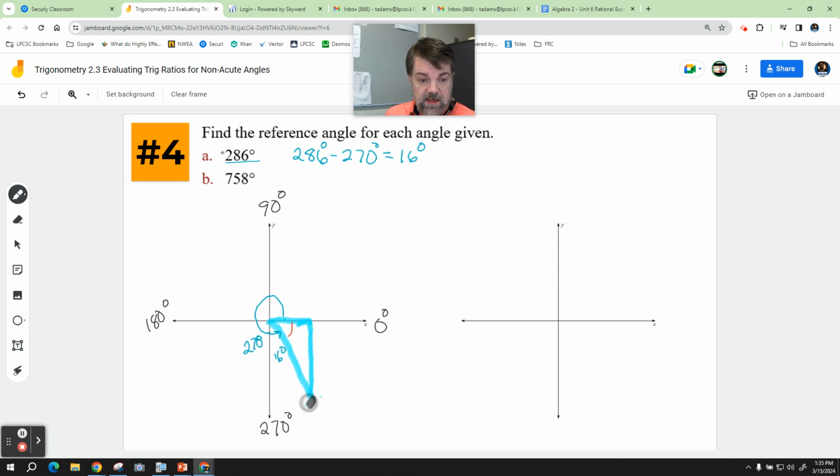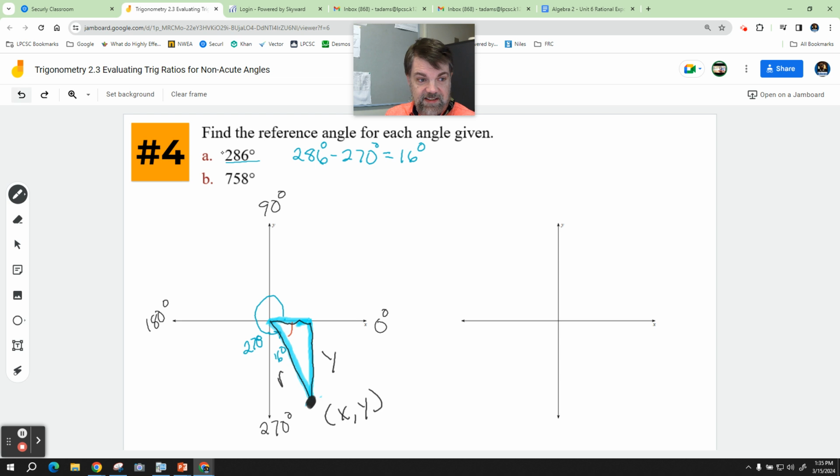Where this point right here is an x comma y. And of course, this length right here, from here to here, is my radius or hypotenuse. This is my y value from here to here. And this is my x value.